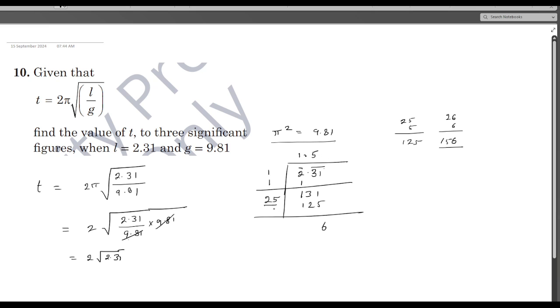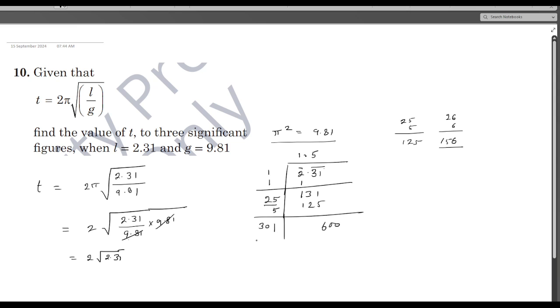I will add this 5 to here. So 25 plus 5, it will become 30. Now again 2 zeros I will bring here. This is 600. Now 600, if I write 2, so 302 times 2 is 604.